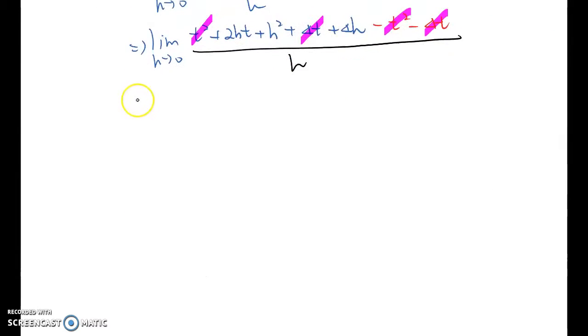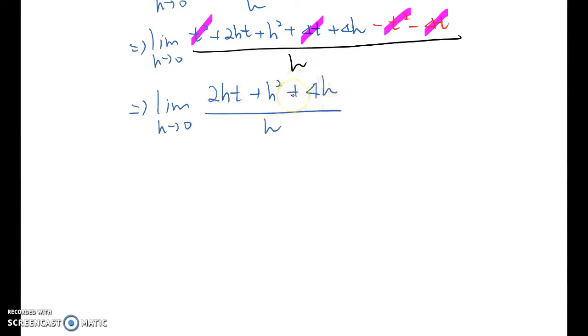Therefore, this is going to be the limit as h moves to 0 of 2ht plus h squared plus 4h over h. Now plug 0 into all h. Before we do that, we can factor by h. So factor by h, then this is going to be the limit as h moves to 0 of h times (2t plus h plus 4) over h.